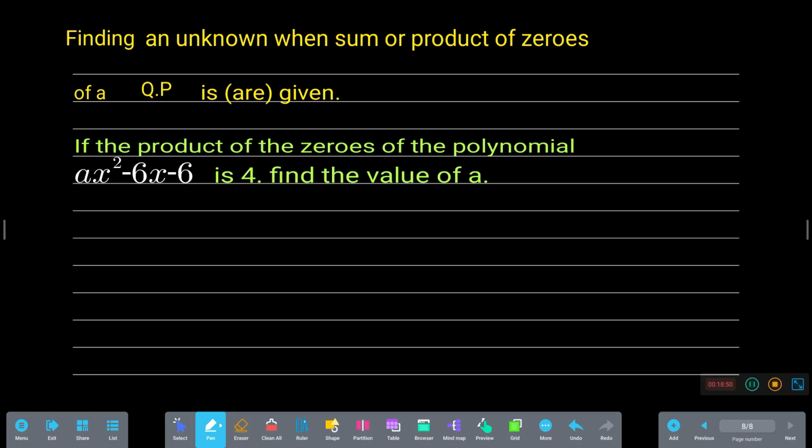Okay. So, solution, our given quadratic polynomial is ax square minus 6x minus 6. And the product of the zeros of the polynomial, that is nothing but alpha into beta, is given as 4. And find the value of a. We need to find out a, right?